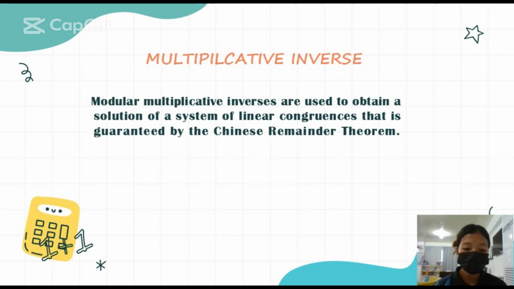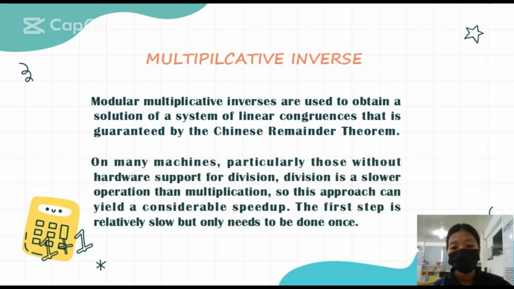Modular multiplicative inverse is functional not just academically but in real life scenarios as well. On many machines, particularly those without hardware support for division, division is a slower operation than multiplication.